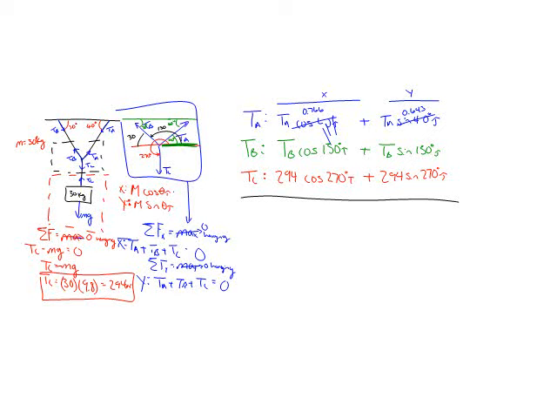Cosine 150 is negative 0.866. And sine 150 is 0.5. 294 cosine 270 is 0, so this whole thing is 0. That's kind of nice. And then 294 sine 270 should be negative 294.